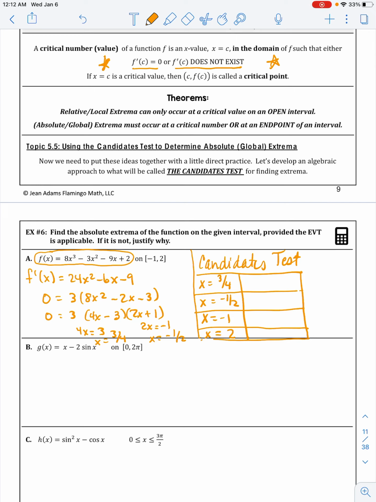So I'm going to just use my calculator and put this function in y1 and then look at 3/4, and I'm getting negative 3.063 roughly. At negative 1/2, I'm getting 4.75. At negative 1, I'm getting 0. At 2, I'm getting 36.